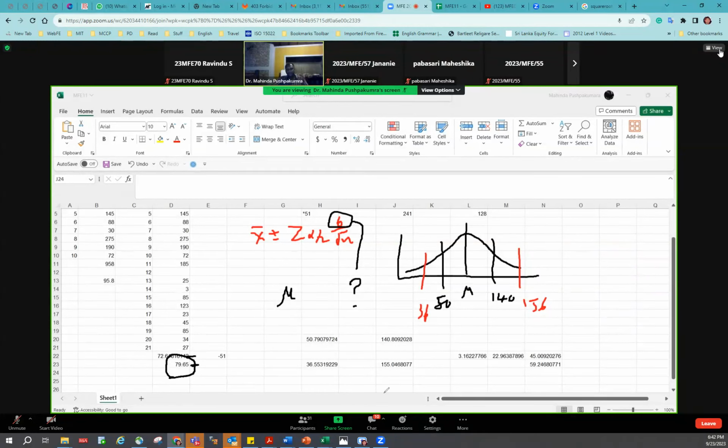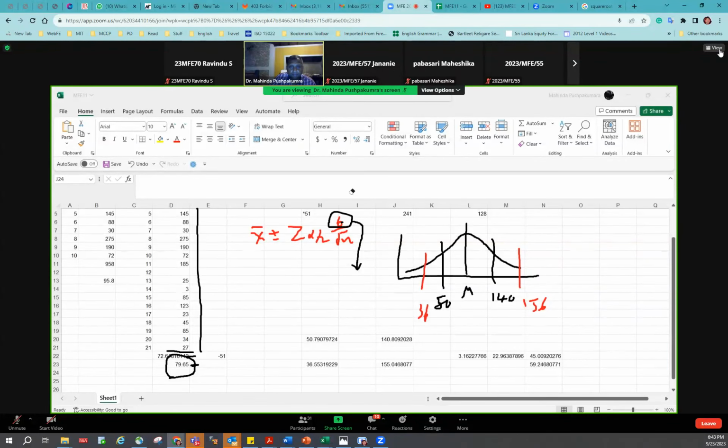But in a practical situation, we don't have data related to the population. If you don't have data related to the population, can you estimate this value? You can't. Did you get the point? Then if you don't know this value, how can you proceed? Then we can use the T table.